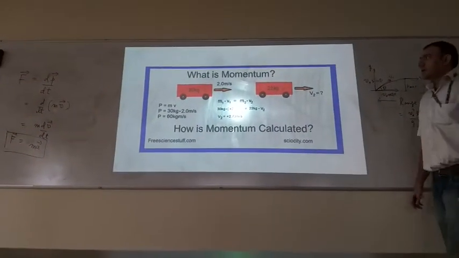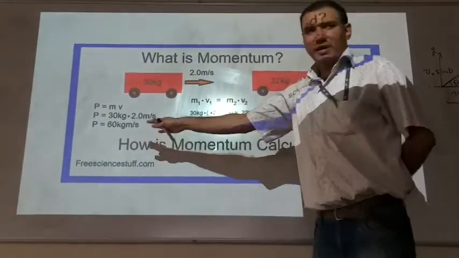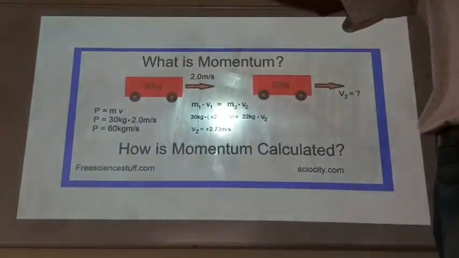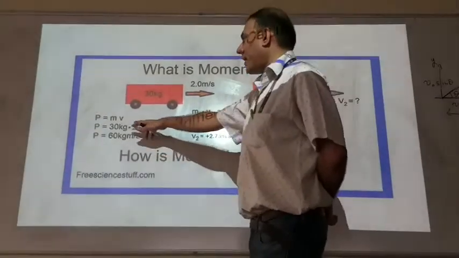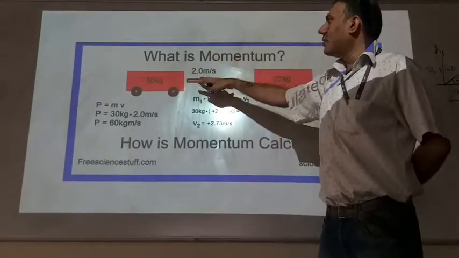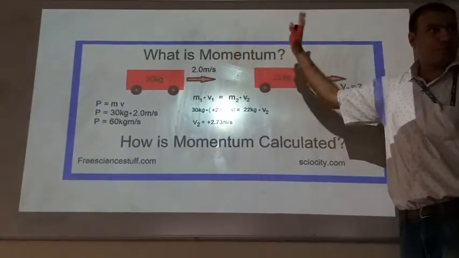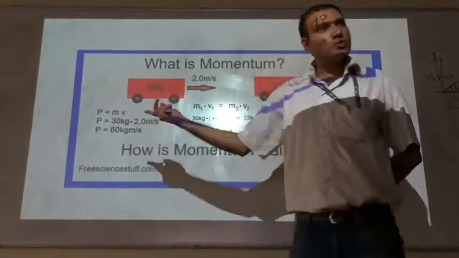And how is momentum calculated? Well, these are some very trivial quantitative examples. Let's say the mass of the wagon here is 30 kilograms, moving at a speed of 2 meters per second, then it's as simple as 30 times 2.